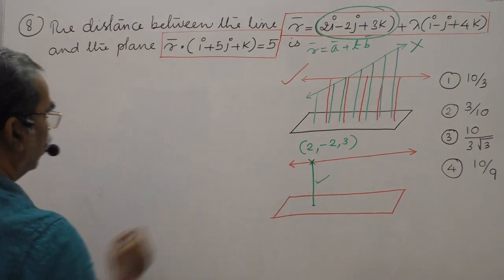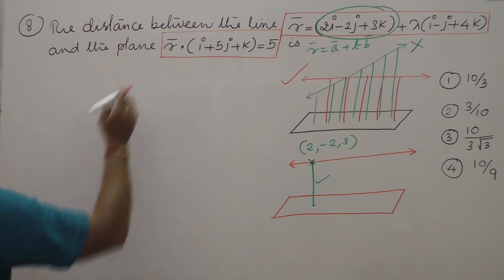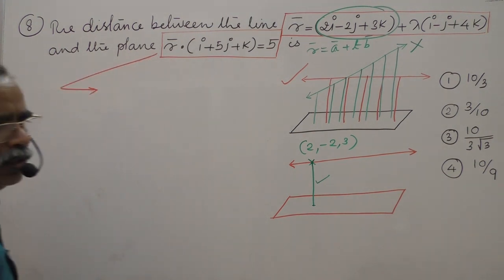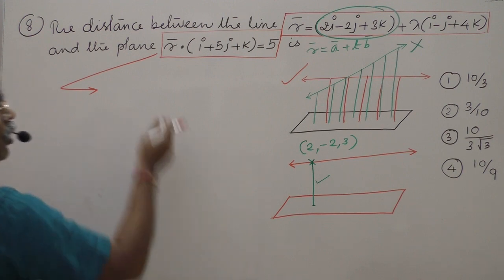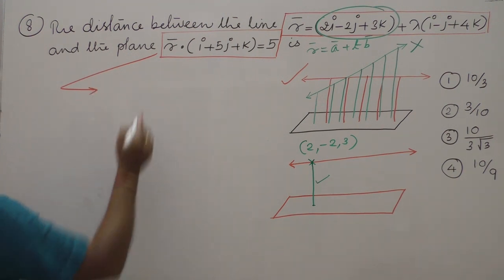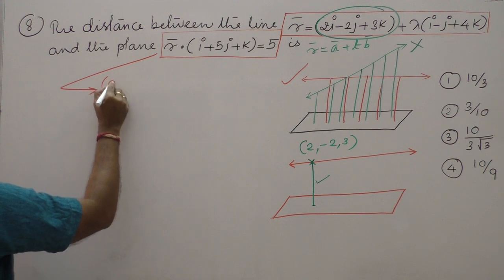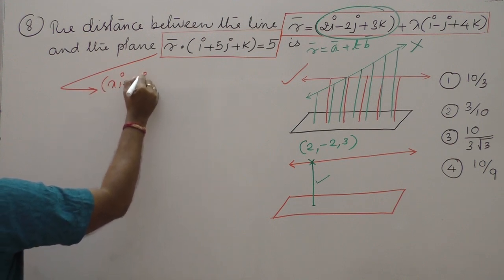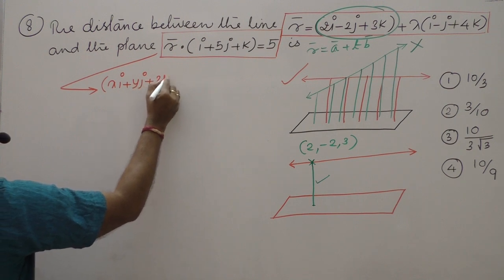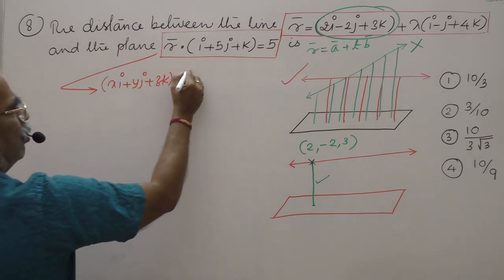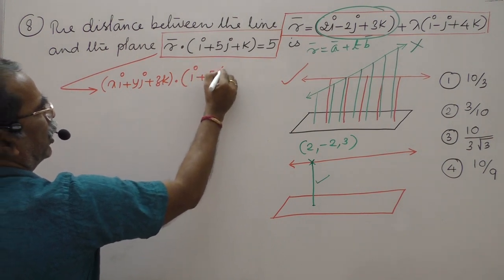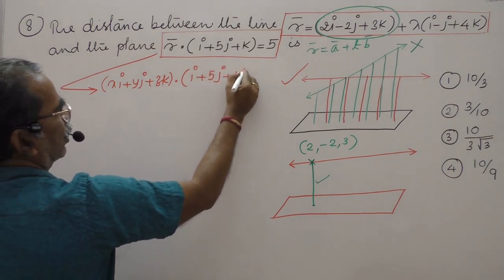So how to calculate this distance? I will also take this plane and express it in the Cartesian system. How to change it into the Cartesian system? Very simple. Whenever you want the Cartesian system of a vector equation, just put r bar is equal to xi plus yj plus zk and eliminate the unit vectors.